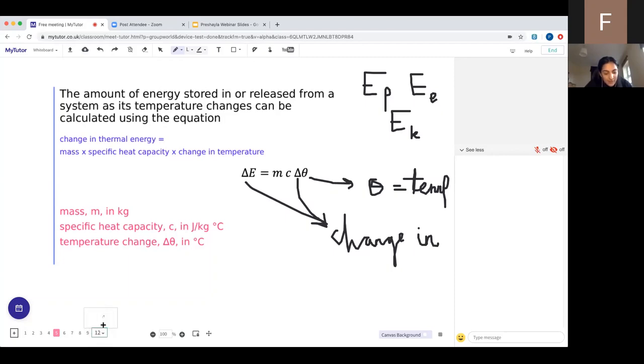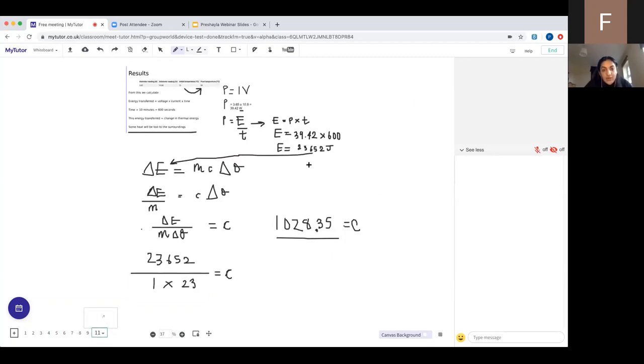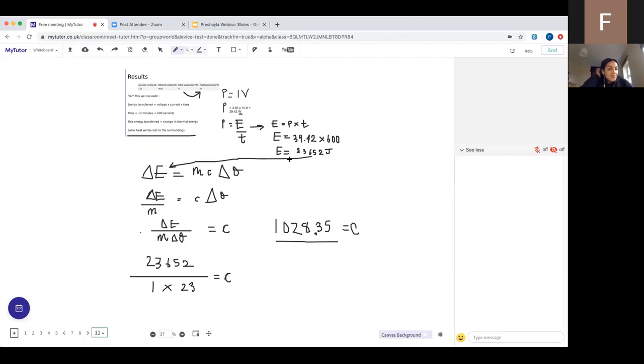In slide 11, why is that E the change in energy? Okay, so the change in energy comes from, well, this experiment takes electrical energy and it changes it into thermal energy. So this is the electrical energy, which gets changed into thermal energy.